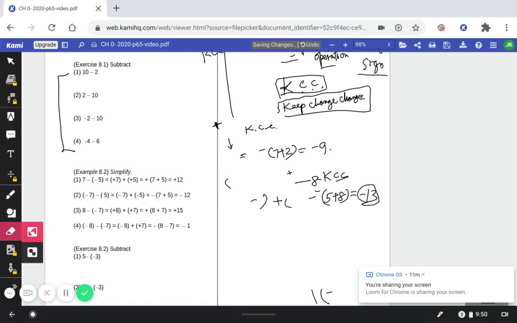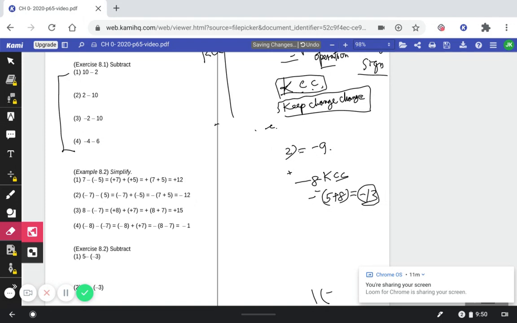Example 8.2, they say simplify. That's another way of doing the operation. So number one, 7 minus negative 5. How do you simplify 7 minus negative 5? Well, you have a minus, right?